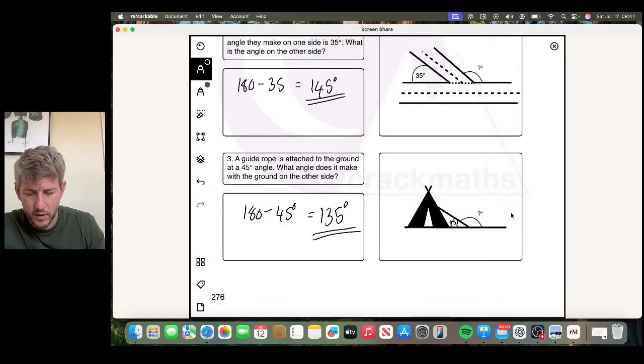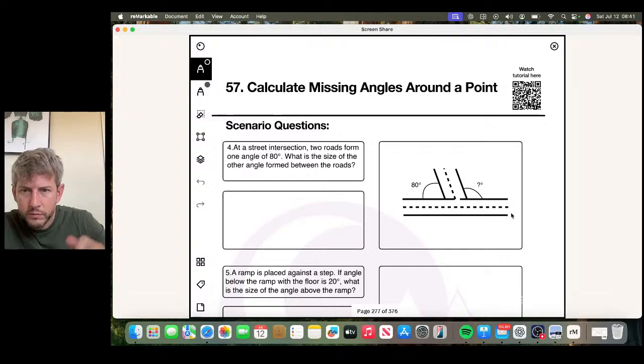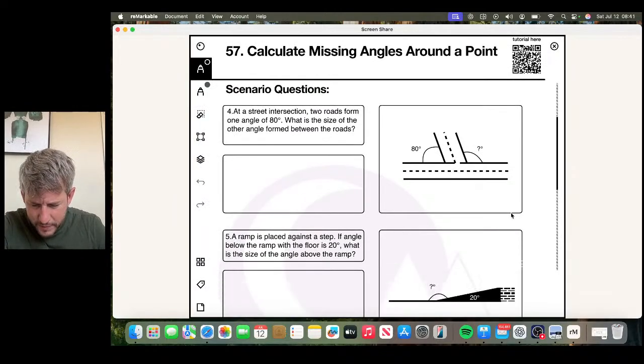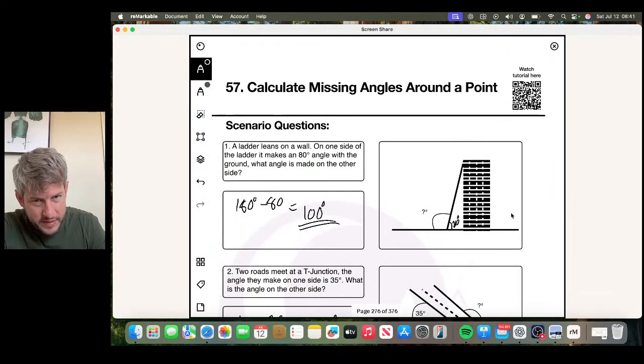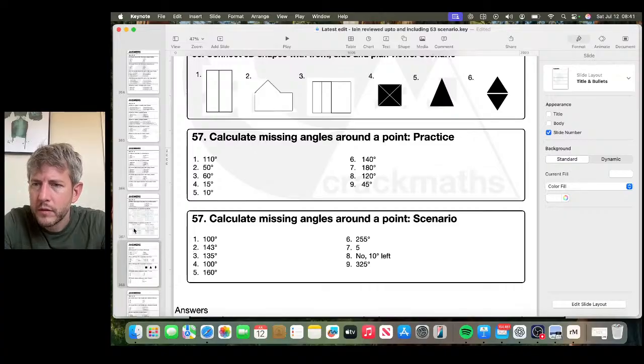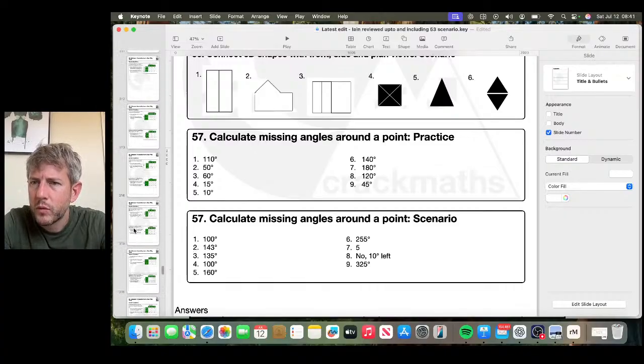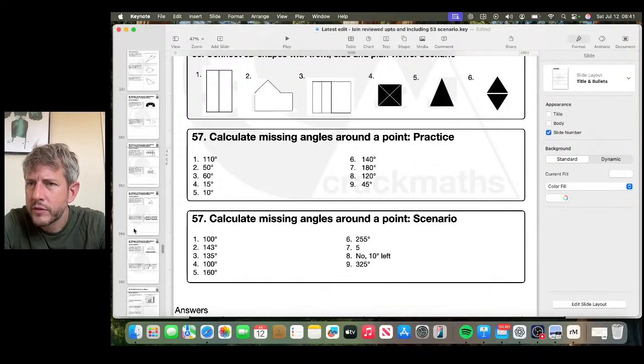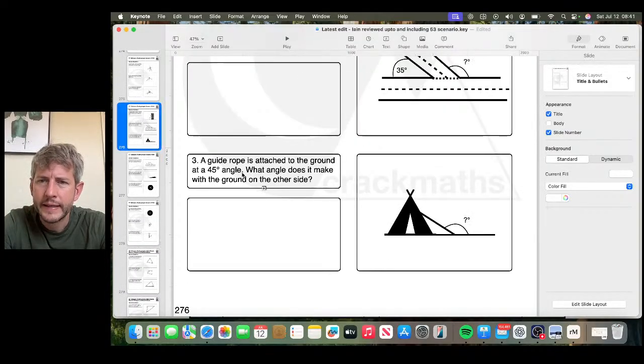Right, question 4. Oh dear, there's just a missing space. It's not a big deal, but let's get that sorted. Where are these angle questions? Right, here we go.